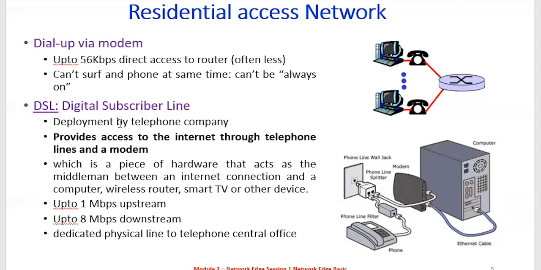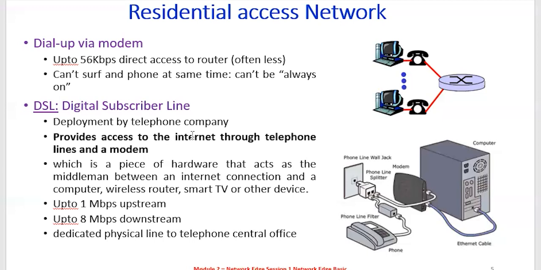This digital subscriber line is another kind of residential access network, which is deployed by the existing telephone companies. For example, if you have a BSNL telephone connection, BSNL itself can provide you DSL. If you have an Airtel connection, Airtel can provide you DSL.